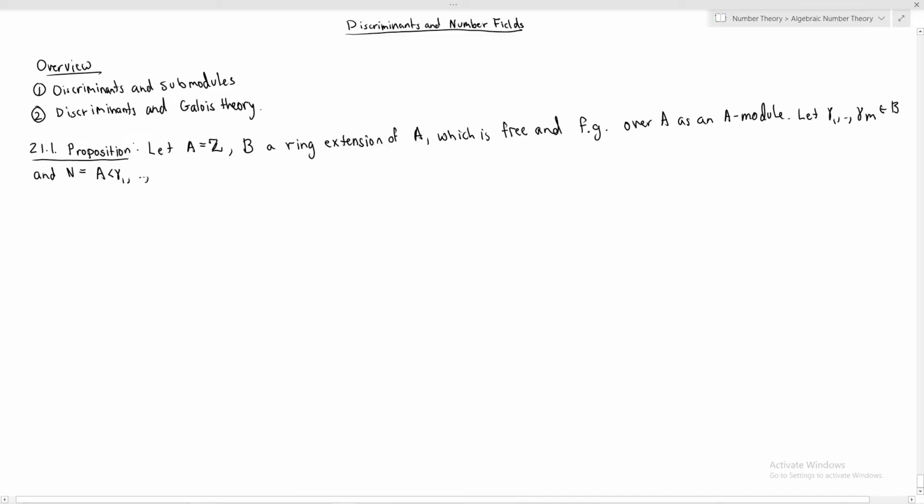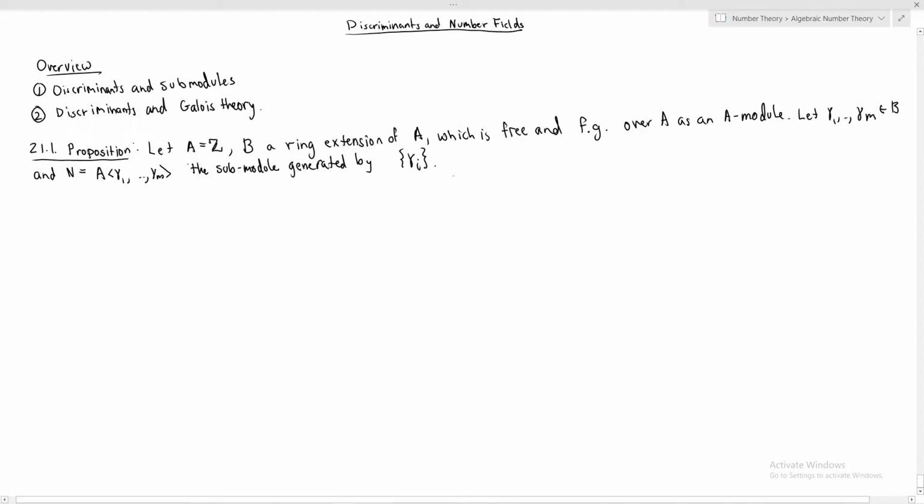The submodule generated. So this is different than the subalgebra. Submodule generated, so basically linear combinations of the gamma sub i's, by the collection of gamma i's.